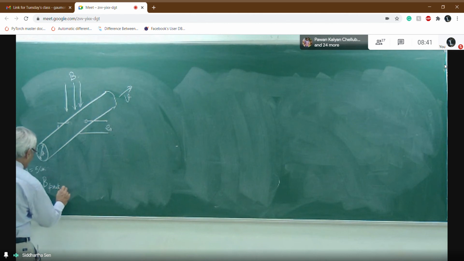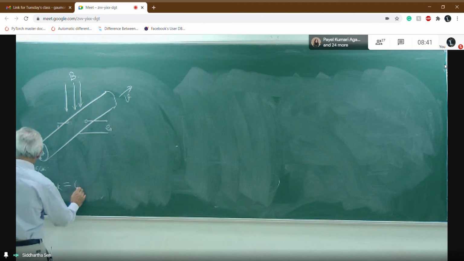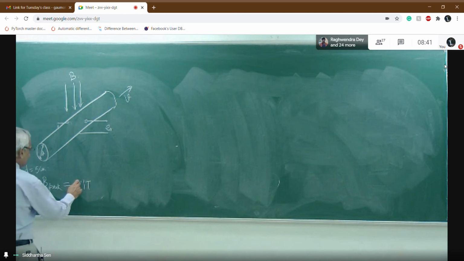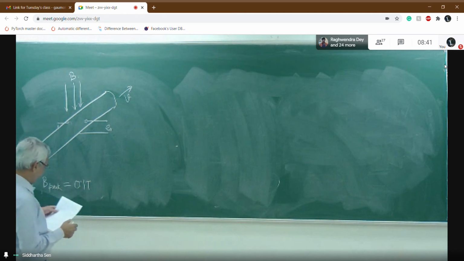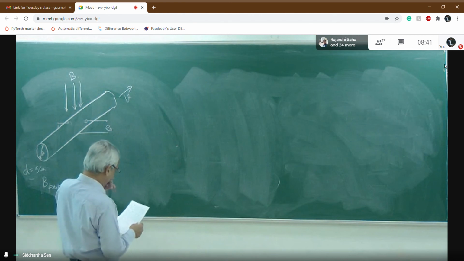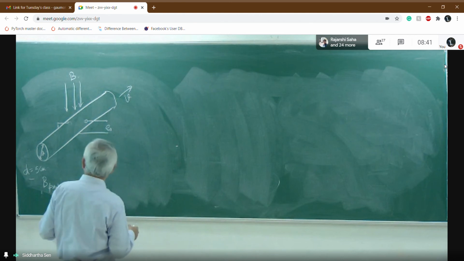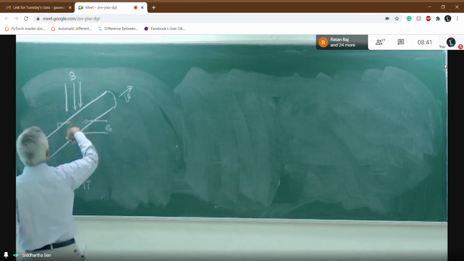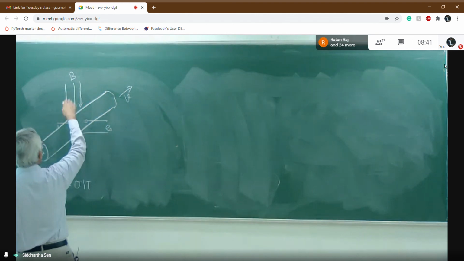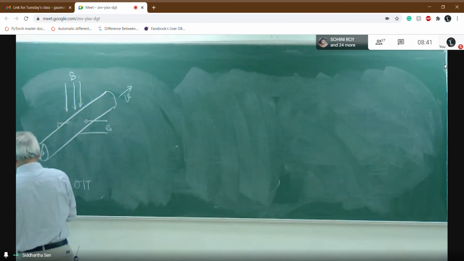B peak is equal to 0.1 Tesla. Because the flux density is not uniform, because it is time varying here, in that case it would be a different one.